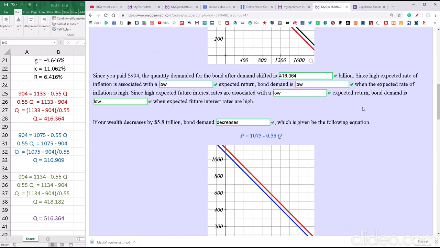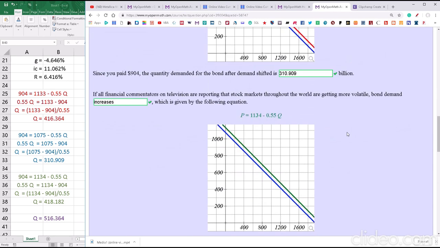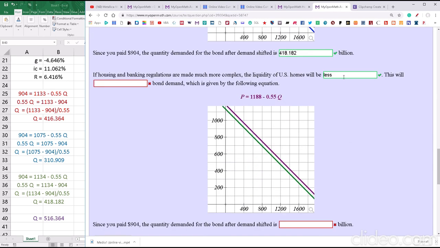Does that work? Or less? Okay, so it's less. This will increase bond demand.